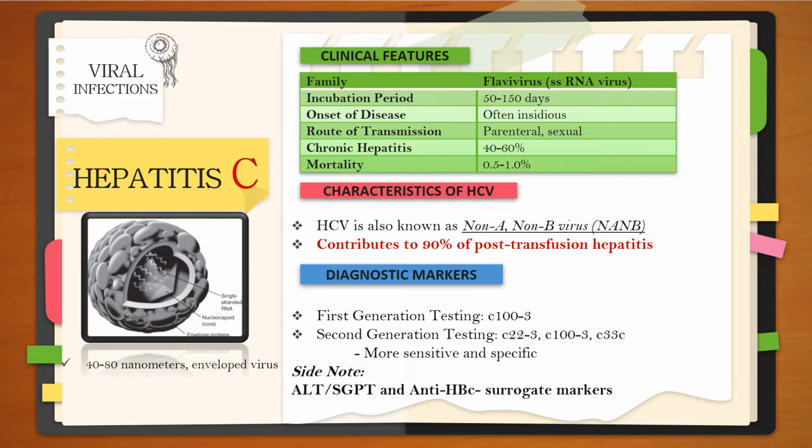And your ALT or SGPT, including anti-HBc and anti-HCV, are the surrogate tests used to screen blood for hepatitis C virus. Okay, lastly, take note, class, that hepatitis C infection is the most significant transfusion-transmitted infection.